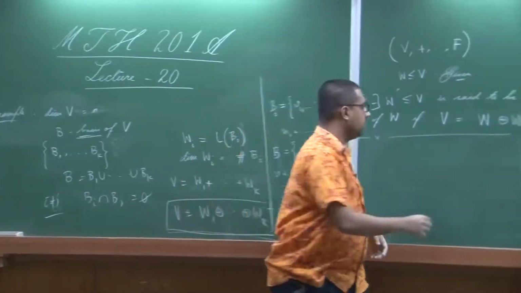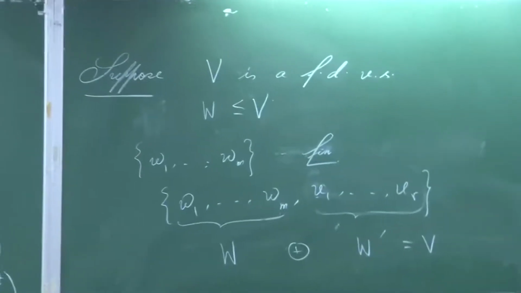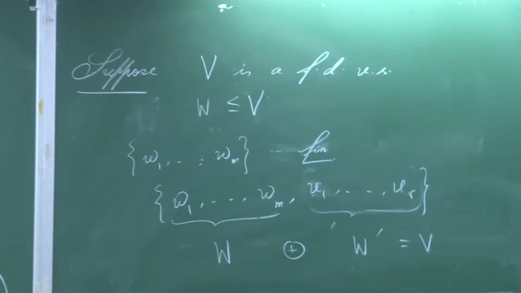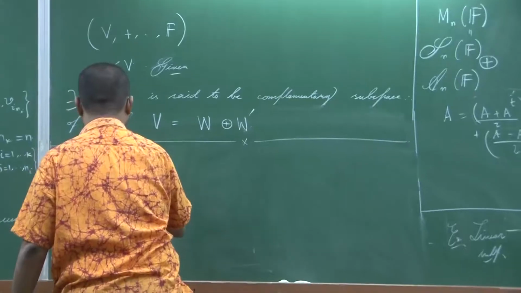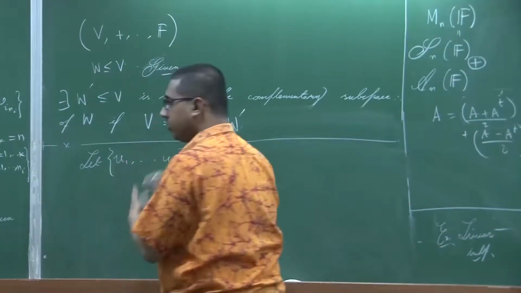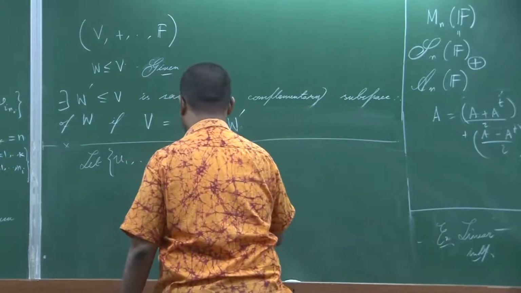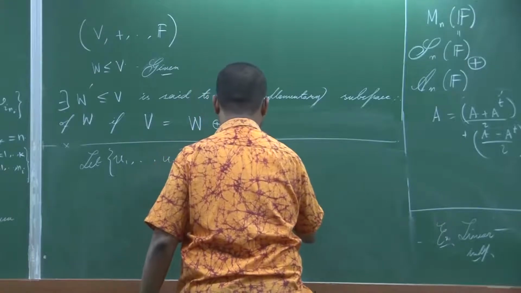Okay. So, I will finally finish with the correspondence. Suppose W prime is a complementary subspace and let u1 up to ur be a basis of W prime. So, try to understand, now I am starting with a complementary subspace.